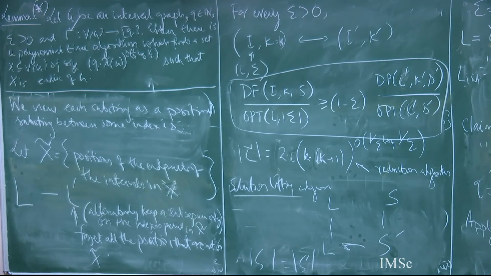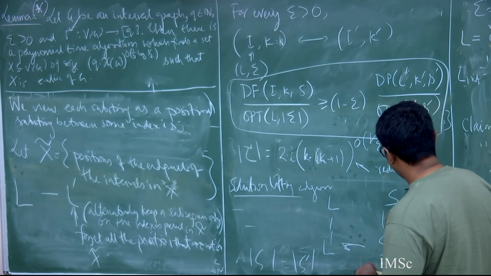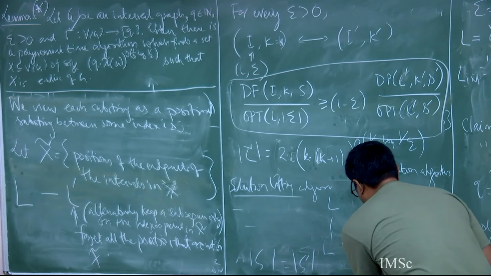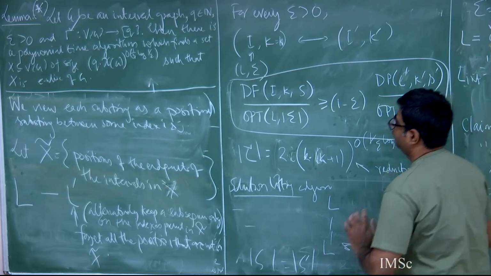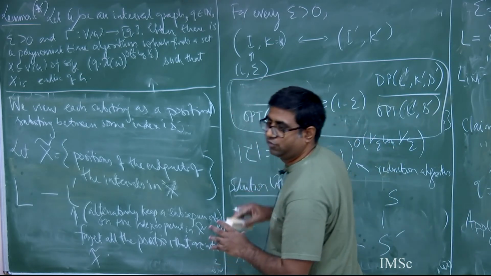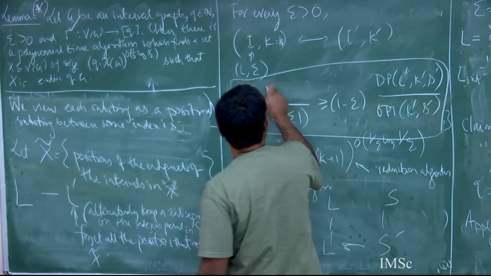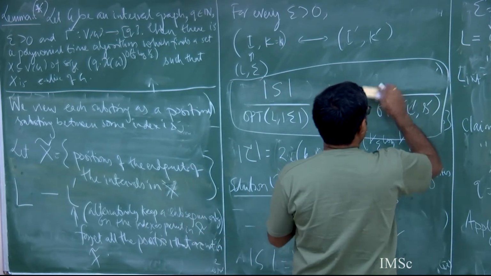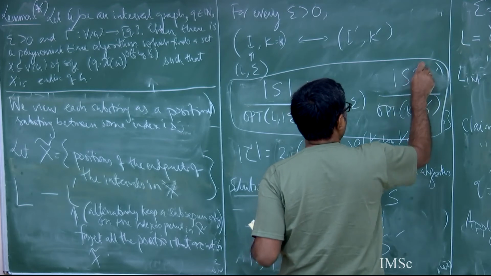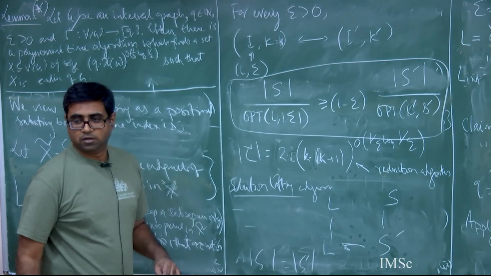So if you give me S prime here, an output solution, I will give you the same size solution. Let's write down whatever we know. This is correct, right? What is this?